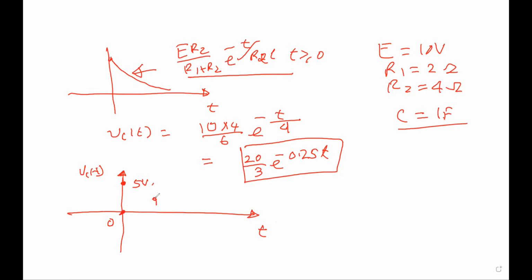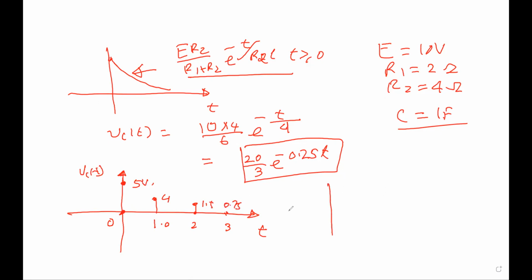Then at time t equal to, say, 1 second, we measure the voltage equal to 4 volt. At t equal to 2 seconds, we measure 1.5 volt. At t equal to 3 seconds, we measure 0.75 volt.